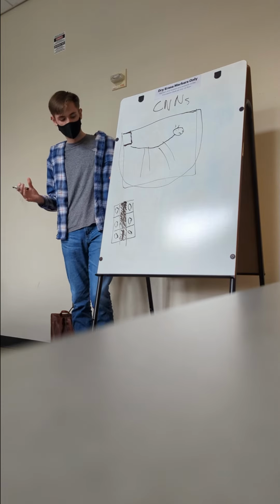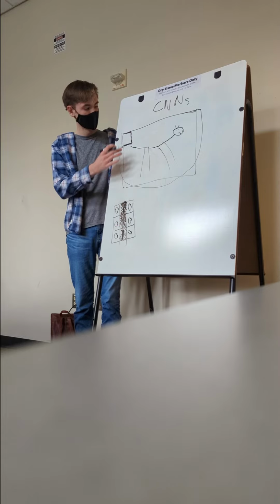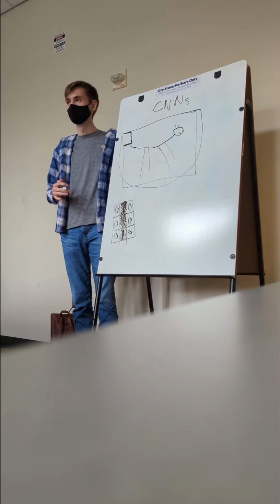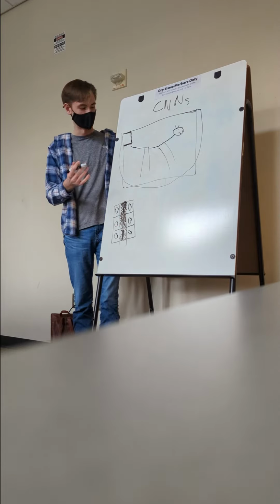We'll take a weighted average of each cell in the filter with the value of the pixel at that part of the image. What that'll do is output a score for how edgy that part of the image is. Because there's no edge here, this will output something close to 0.